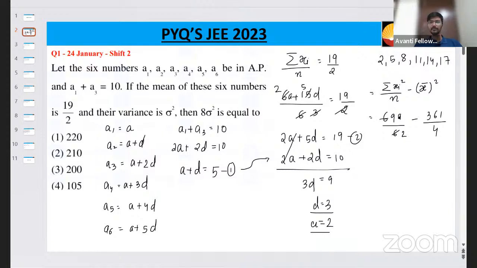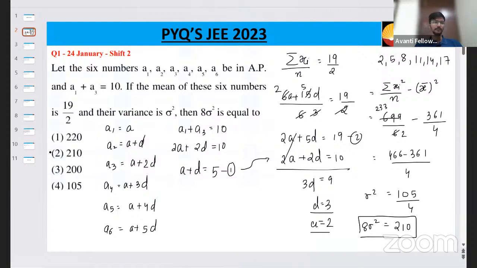So if we take LCM of 4, we'll get 466 minus 361, which is 105 by 4 is sigma square. So 8 sigma square will be equals to 210. This is my answer. So option number 2.